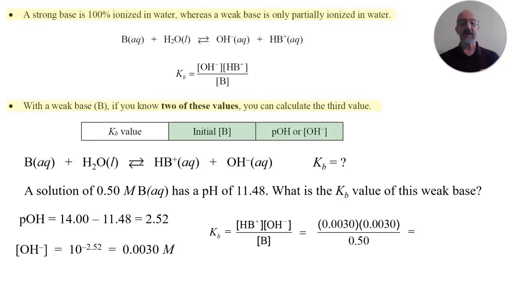My denominator is the concentration of the weak base that I was given. And when I plug in those numbers into my calculator, I get that the Kb is 1.8 times 10 to the negative 5. So just to show you that whether it's a weak acid or a weak base, if you know the K value, the initial concentration of that weak acid or that weak base, and you know the pH or the pOH, you can solve for the third value if you know two of those three.